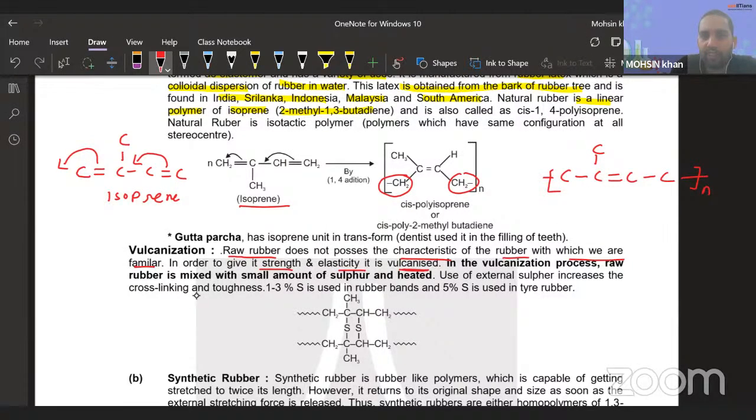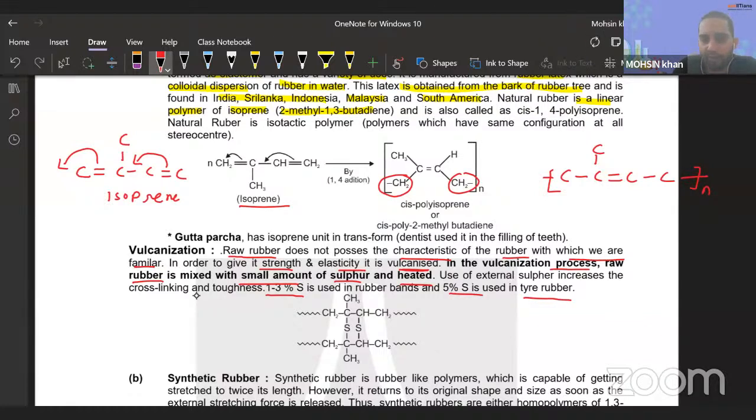In the vulcanization process, raw rubber is mixed with a small amount of sulfur and heated. Use of external sulfur increases the cross-linking toughness. 13% sulfur is used in rubber bands, and 5% sulfur is used in the tire rubber.